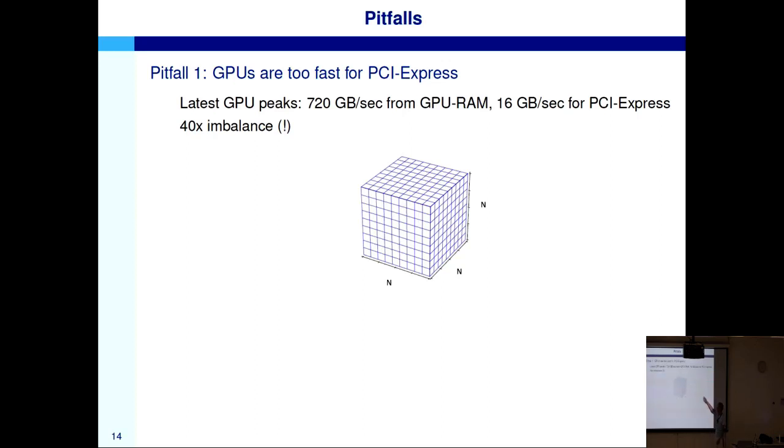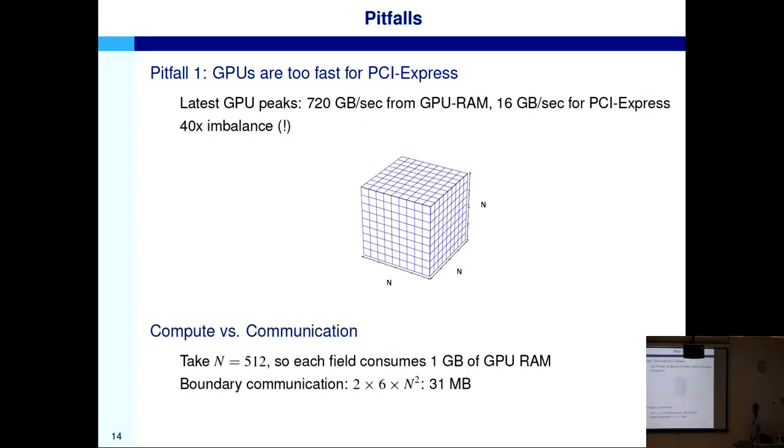So a regular DM, and let's take n something large, but not unreasonably large. So let's take n to be 512. If you have a field defined on the whole domain, then that takes 1 gigabyte of GPU RAM, so that's filling up the GPU nicely, but it's not overfilling it.